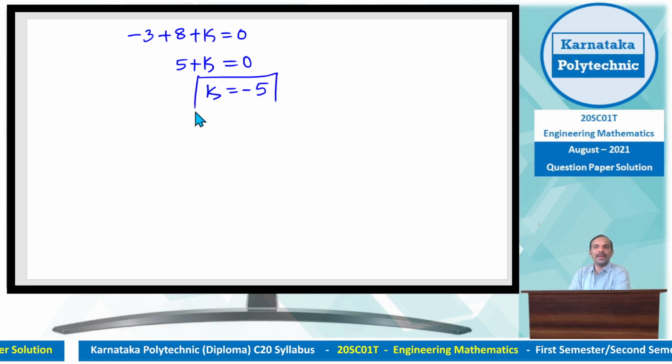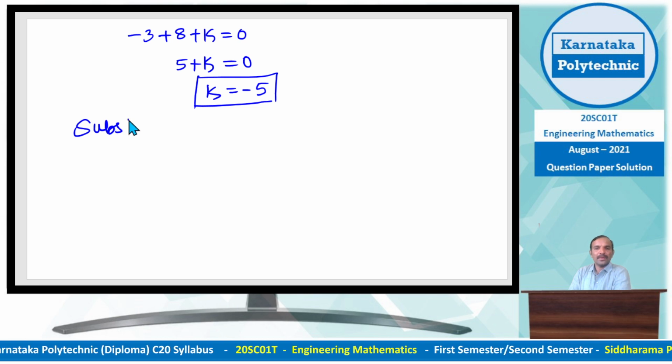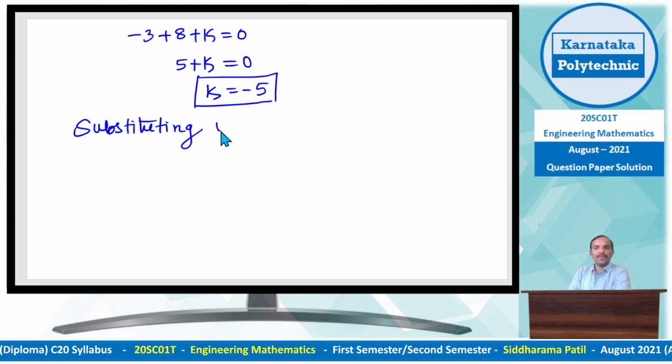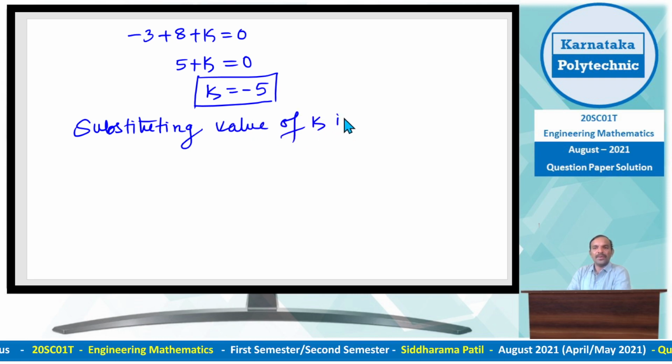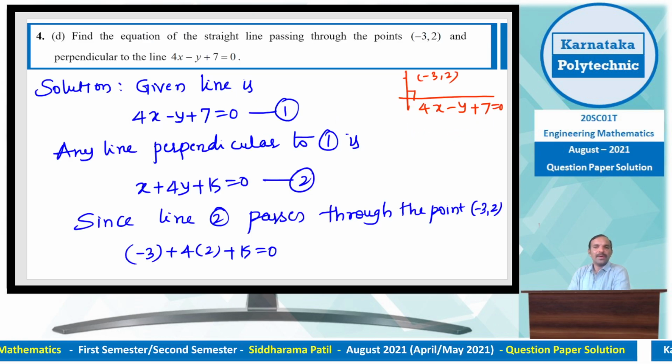Substitute this k value in equation number 2. Substituting the value of k in 2 we get x plus 4y plus k.